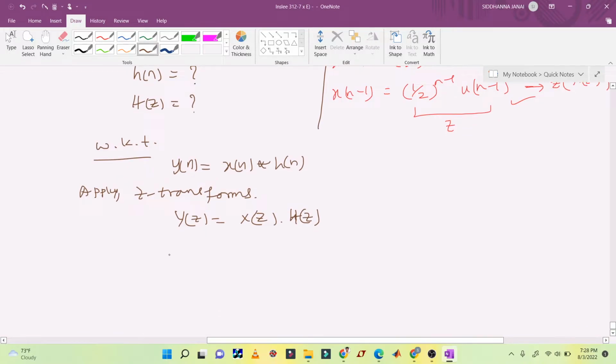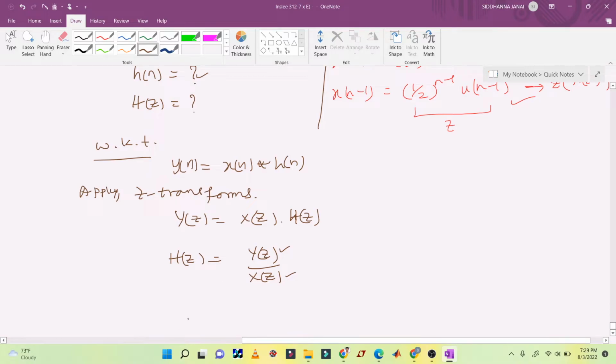Now what is h of z? First we'll have to calculate h of z, that is y of z by x of z. So for this we need to find out y of z and x of z, right? After that, once we find h of z, then we can take z inverse to get h of n.